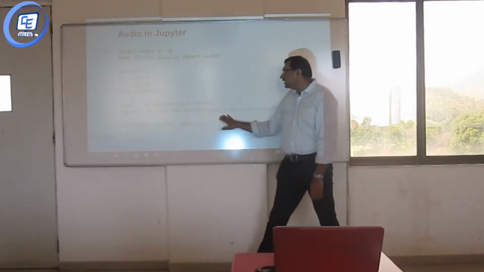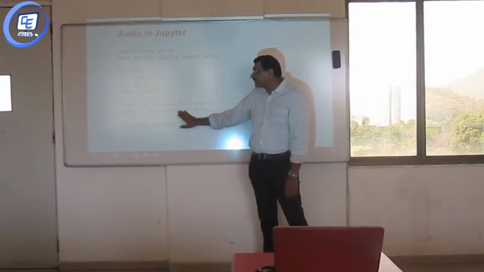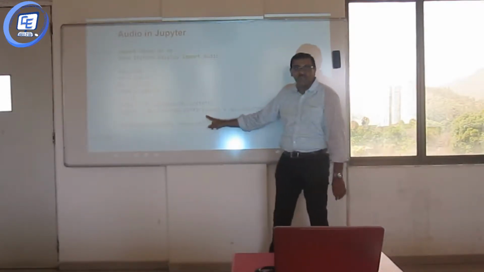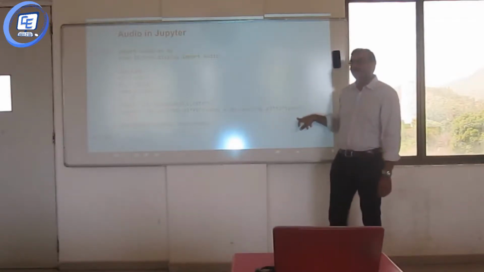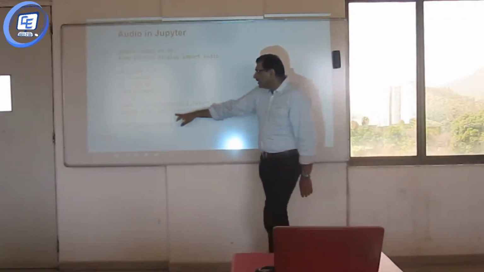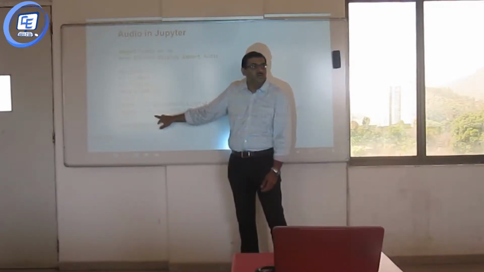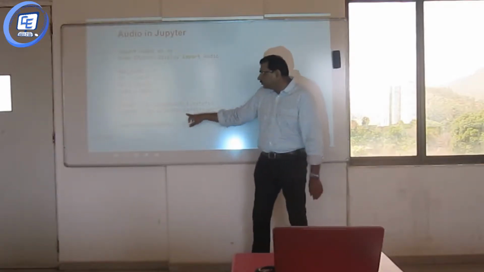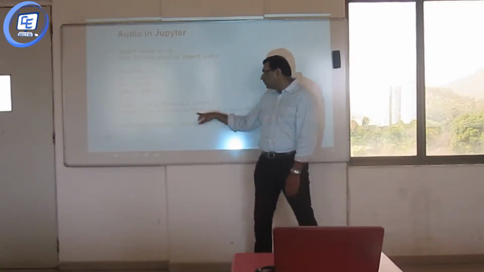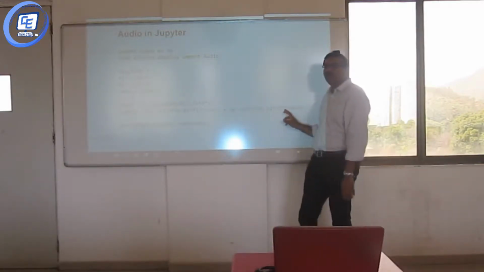And I am creating a synthetic audio signal over here. The signal is a sine wave with 2 pi f1 t plus 2 pi f2 t. How did I write the sine? np.sin. The sine function is available in numerical Python. np.sin of 2 into np.pi into f1 into t plus 2 pi f2 t.